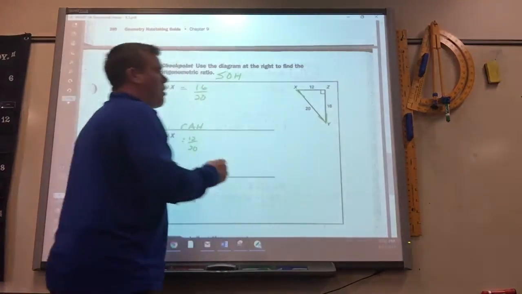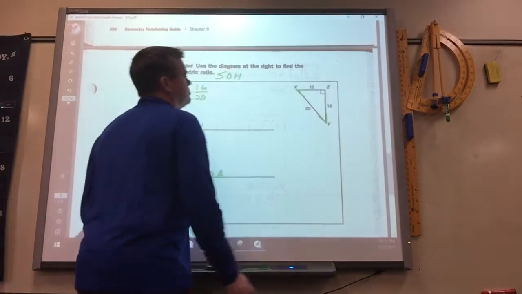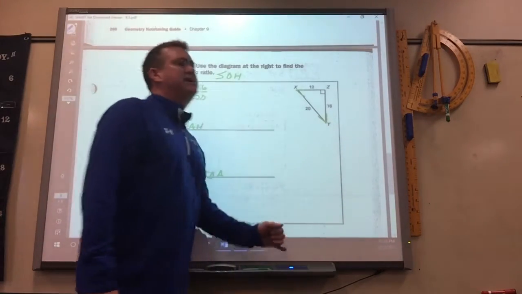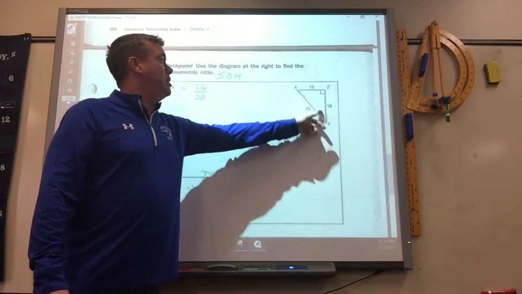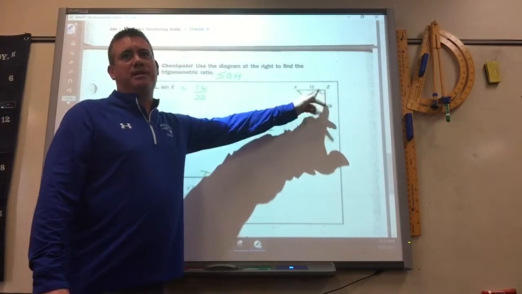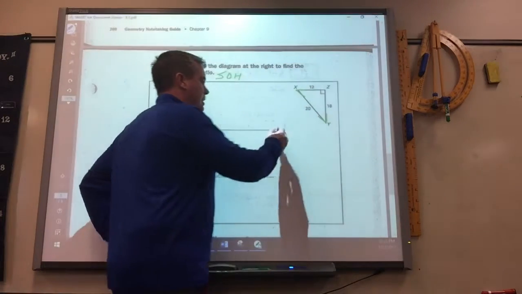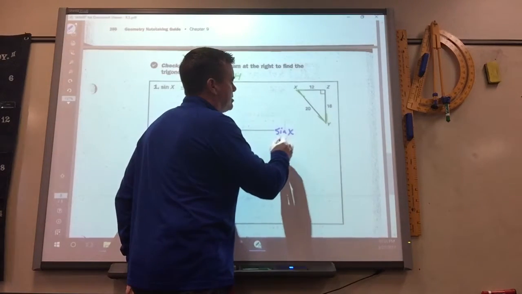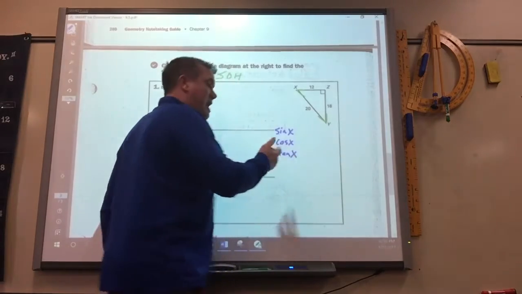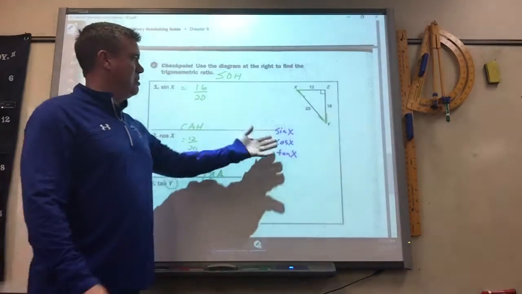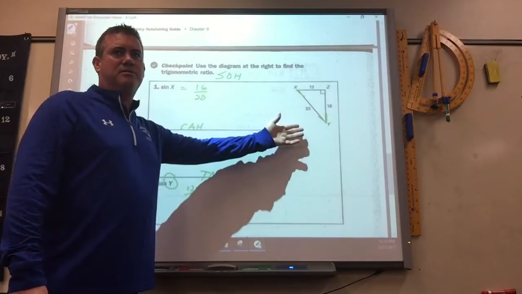Now, here's what's going to happen. If they tell you to find the sine, cosine, and tangent of each missing angle, you only got to do this because you always know this is 90, so there's only 2 of them. When we actually take the test, this is a problem on the test.